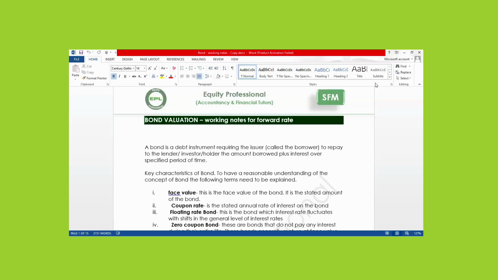Anybody can buy this bond. Individuals can buy. Corporate companies can buy. Whoever buys the bonds is called an investor. They are the lenders.